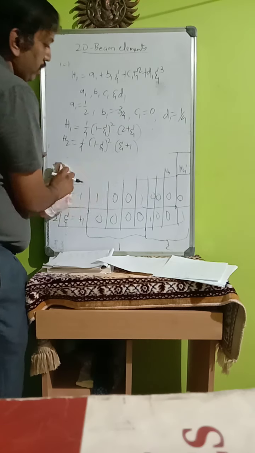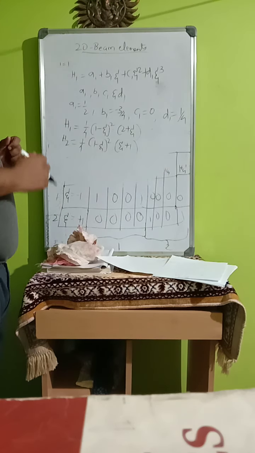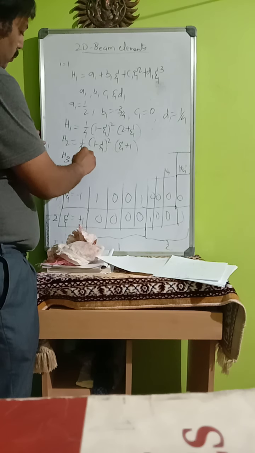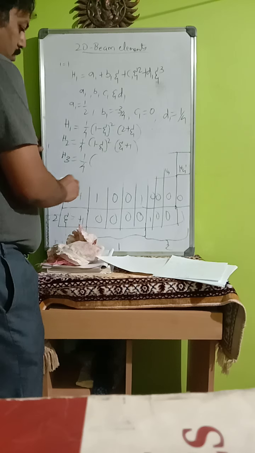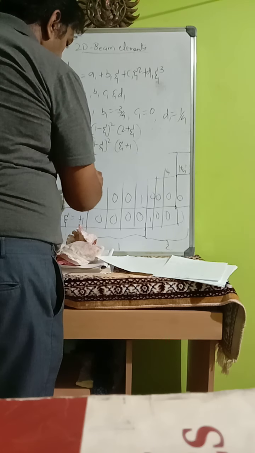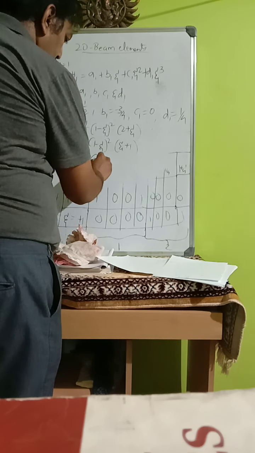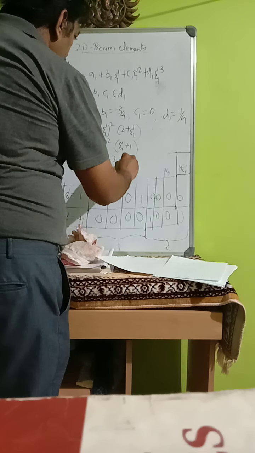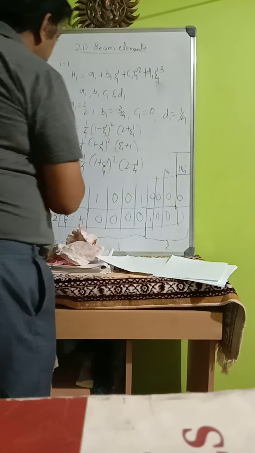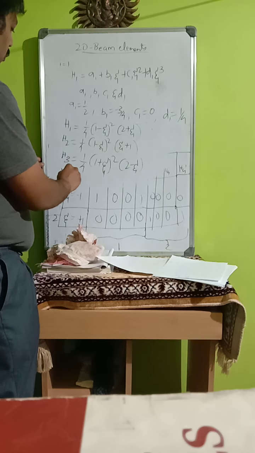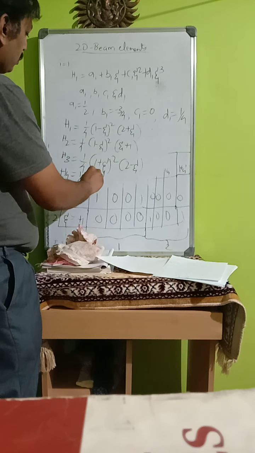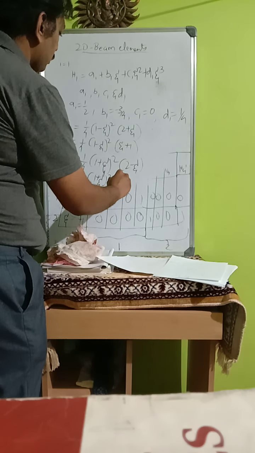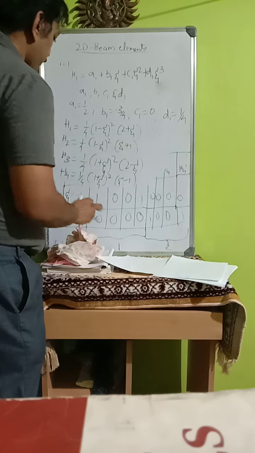and if you substitute a3, b3, c3 and d3, you will get h3 also. h3 is equal to 1 by 4 into (1 plus zeta) square into (2 minus zeta), and h4 is equal to 1 by 4 into (1 plus zeta) square into (zeta minus 1).